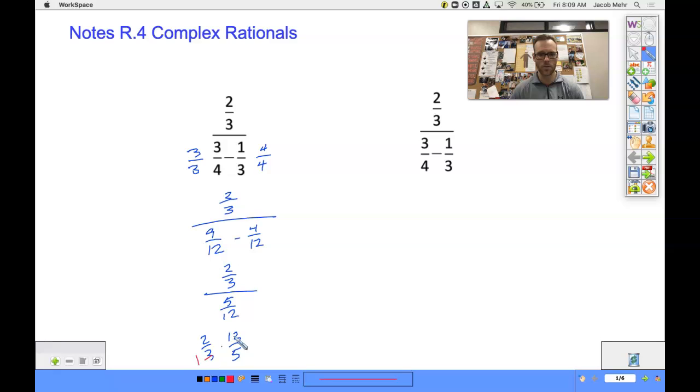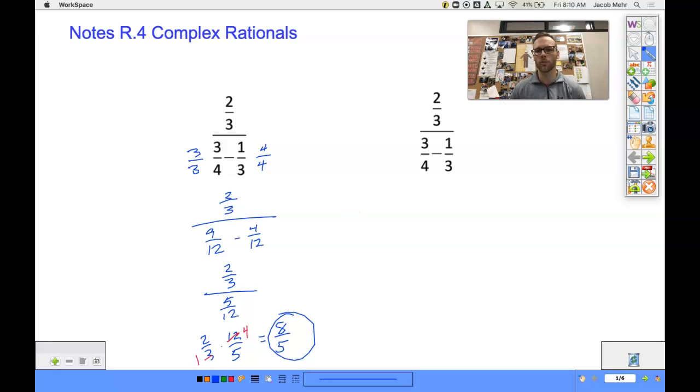And let's just reduce this a little bit, and we get 8/5. To do that, we needed to actually subtract the two fractions in the denominator, because changing division to multiplying by the reciprocal only works if it's a fraction divided by a fraction.